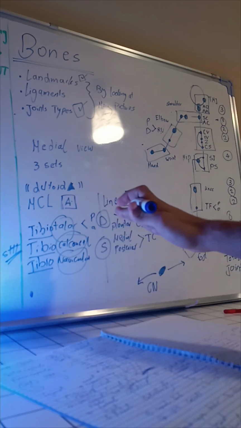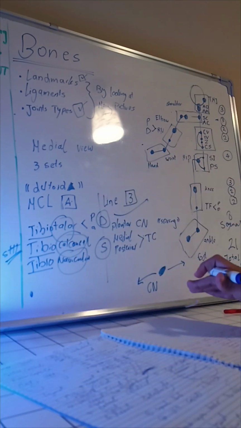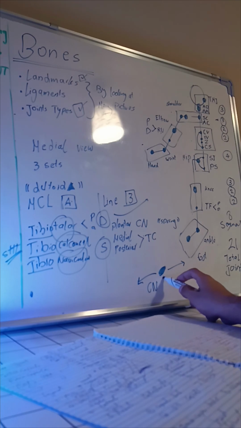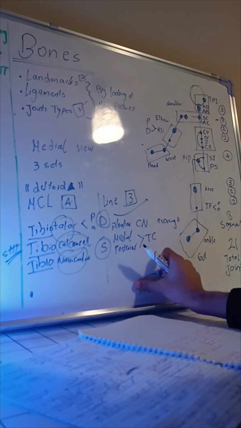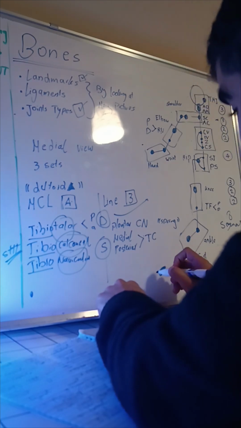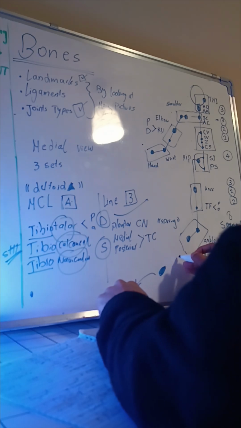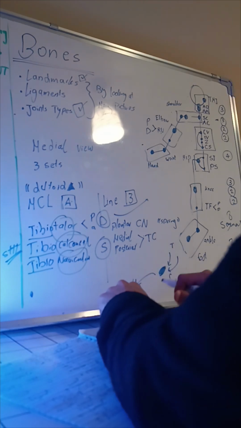So the deltoid: tibiotalar, tibiocalcaneal, and tibionavicular. The three lines: the first one from the navicular to the sustentaculum tali, which is the plantar calcaneonavicular, and then the talocalcaneal, medial and posterior.